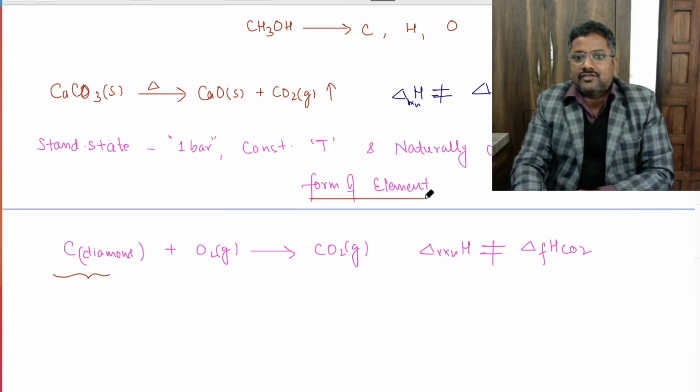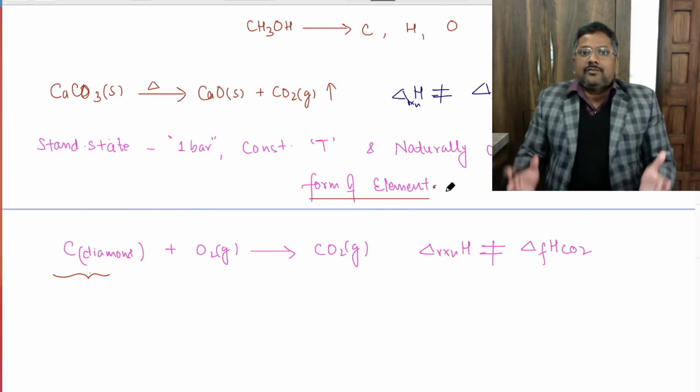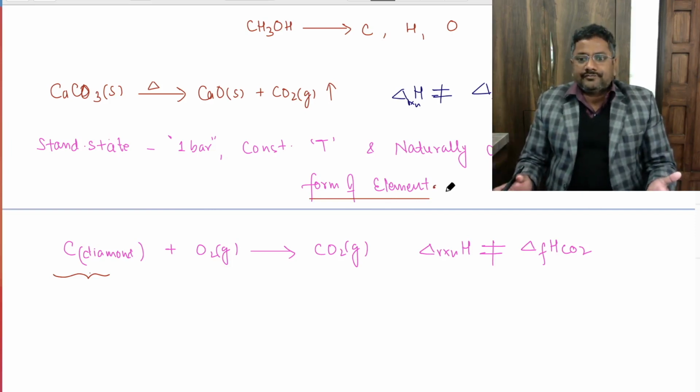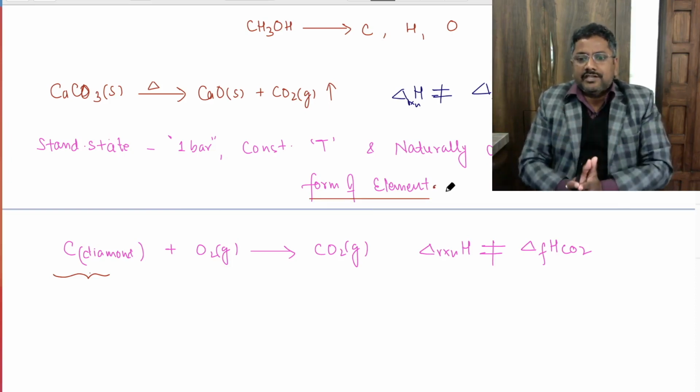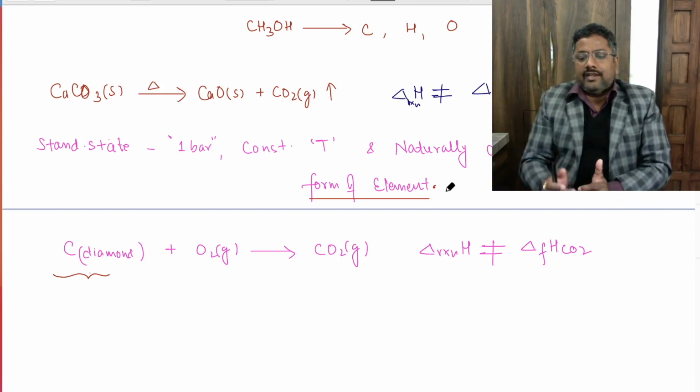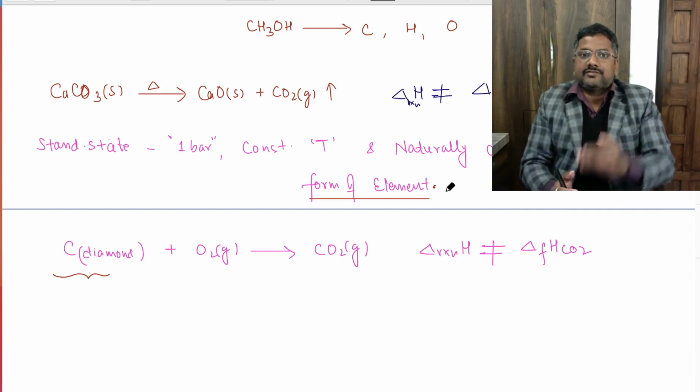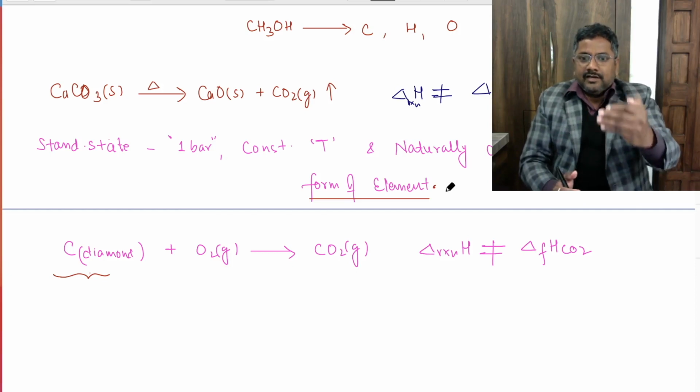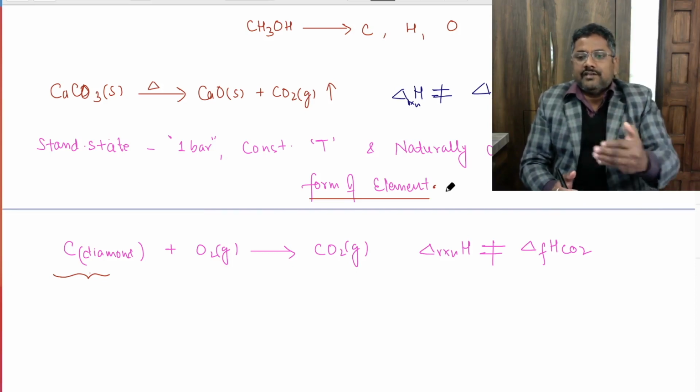How to get this naturally occurring most stable form of the element? All of you have the NCERT book, a reference book, in which a table is given at the end of the book, and for every element in your syllabus, delta H formation is given as 0.